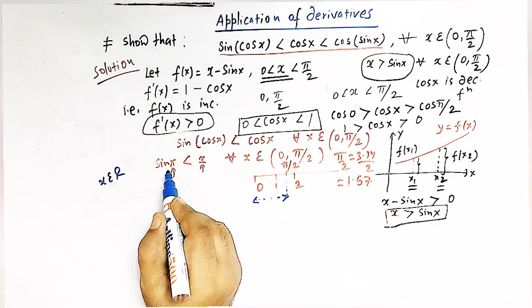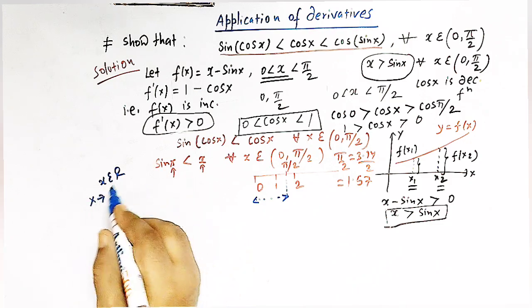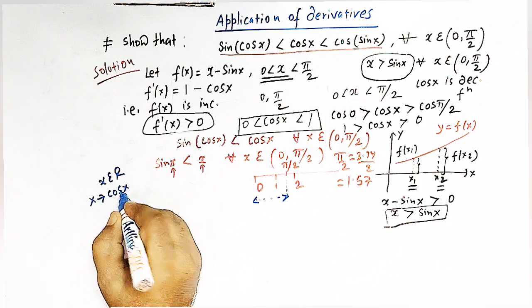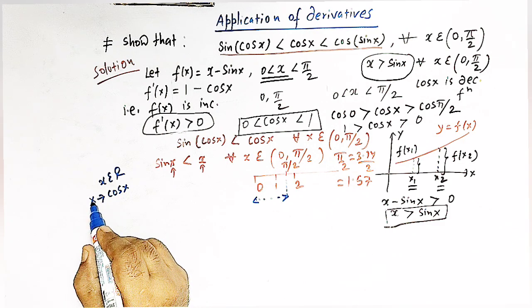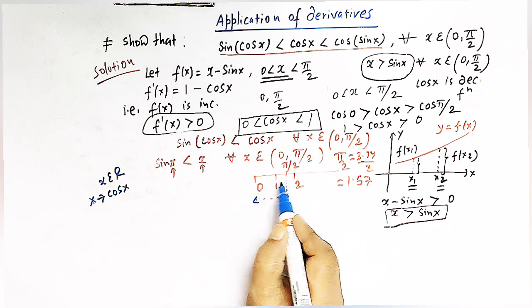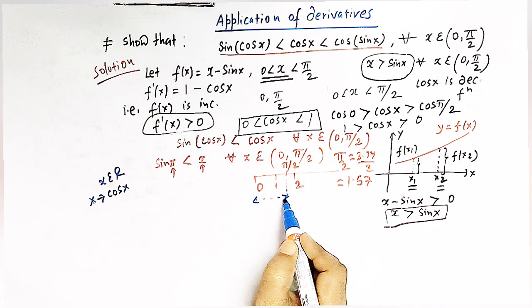And see, if we replace this x by cos of x, right? x is a real number, cosine of x is also a real number, and this lies in the open interval 0 to pi by 2.